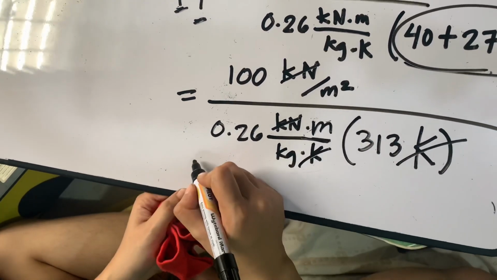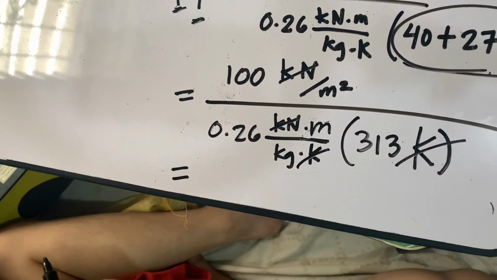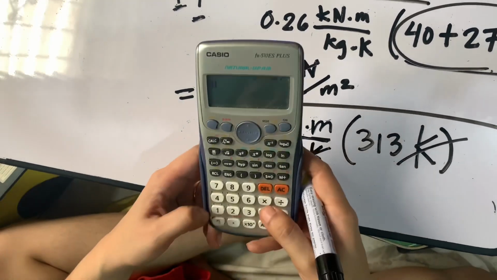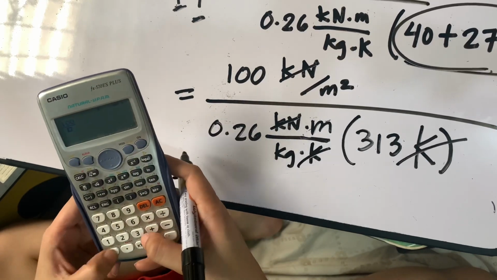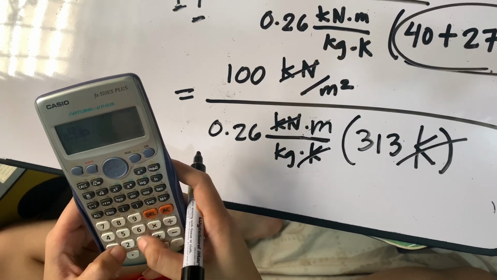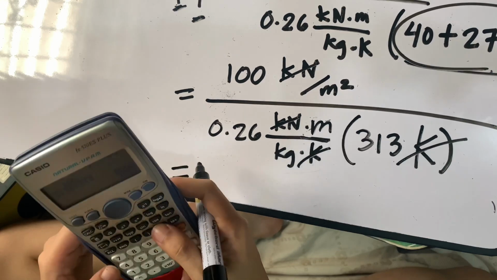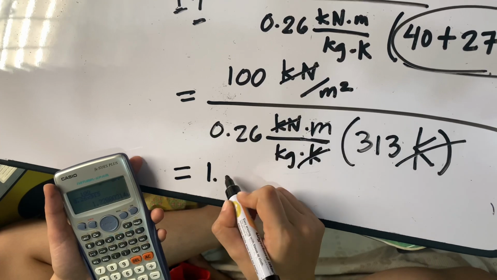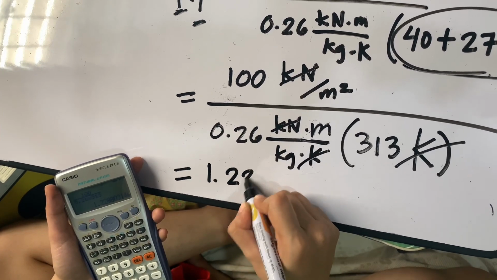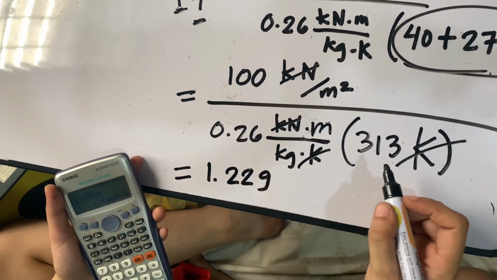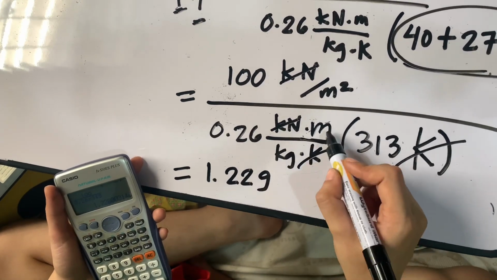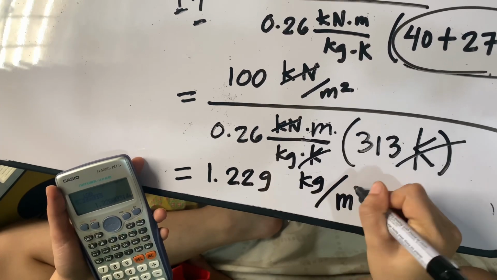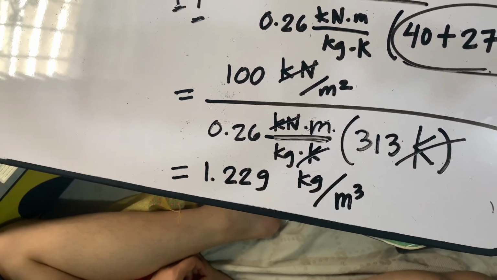That will give us 100 divided by 0.26 times 313, which gives an answer of 1.229 kilograms per cubic meter. Fair enough.